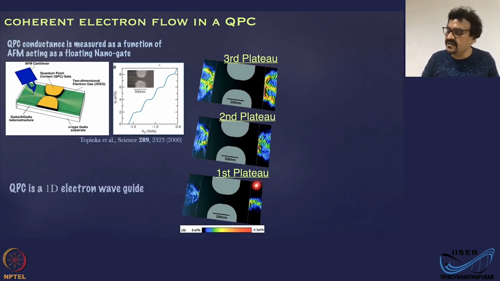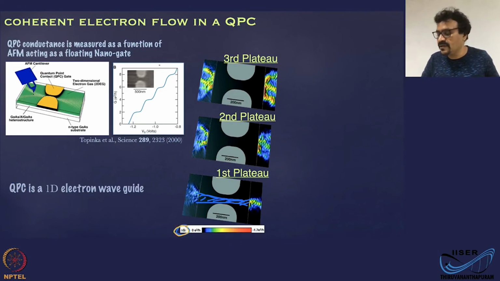Now we can see that whenever the tip is far away, if you have a single mode, that should be propagating close to the center. So when you are far away from the center of the constriction, you don't have any effect. But when you reach near the constriction, I can just interpolate these channels here, then you have an effect. You can see that delta G here is actually substantial.